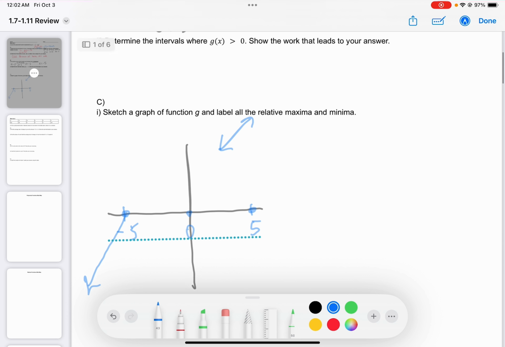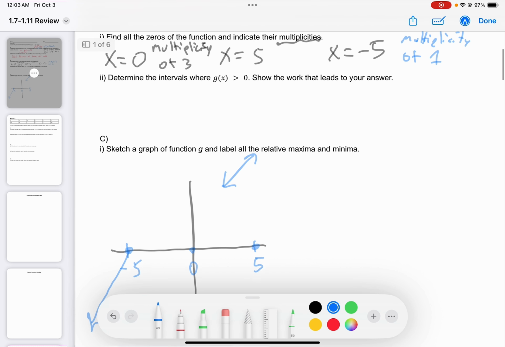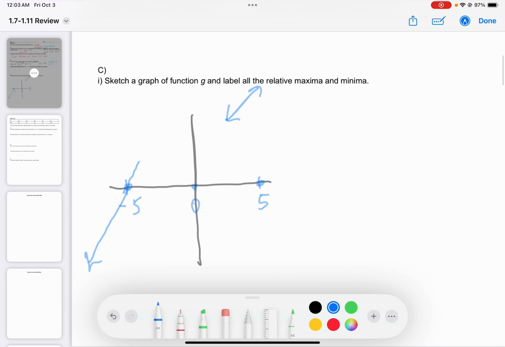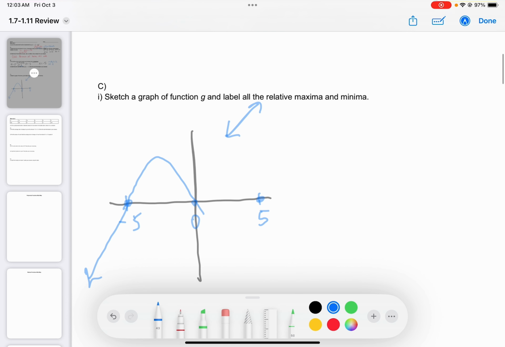I'm going to go through this negative 5 because this is really a multiplicity of 1. You don't need to write multiplicity of 1. That's implied. But when it's an odd multiplicity, we go through. So I'm going to go through this. Then I'm going to hit the 0. Again, it's an odd multiplicity of 3, so I'm going to cut through that again.